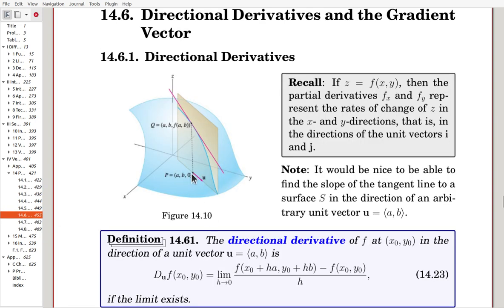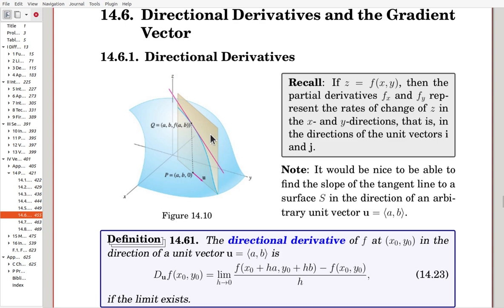Now, this is the point, and this is the direction we decided, a unit vector u. Now consider a plane passing this point and parallel to the direction u, so including the vector u.